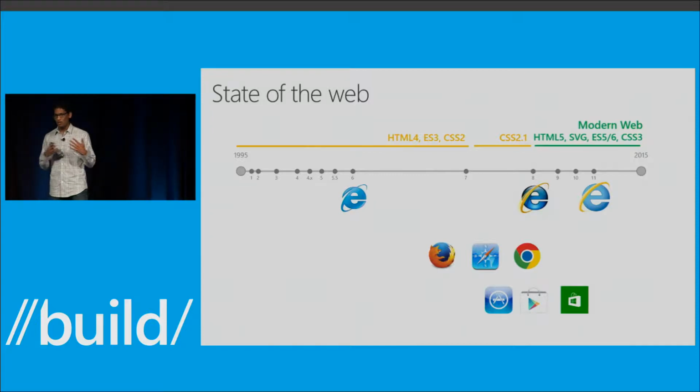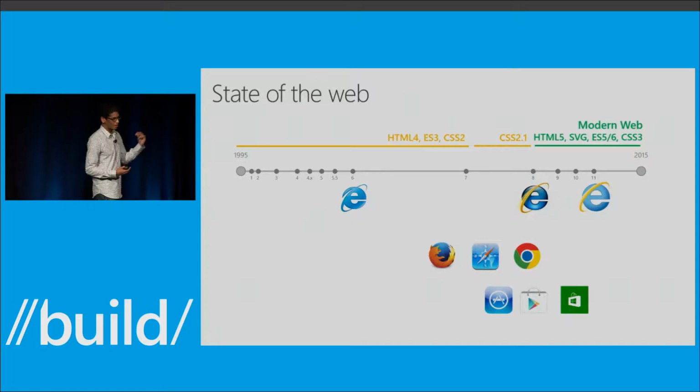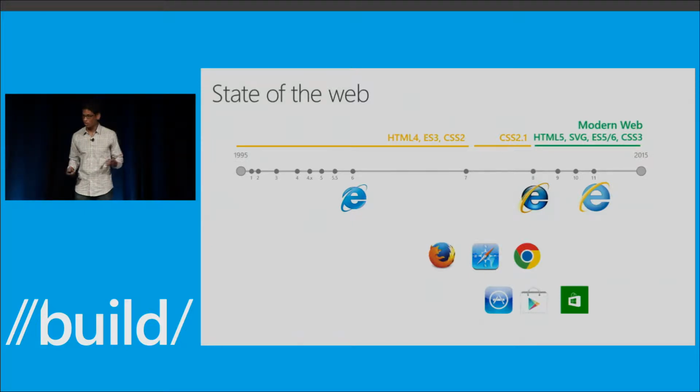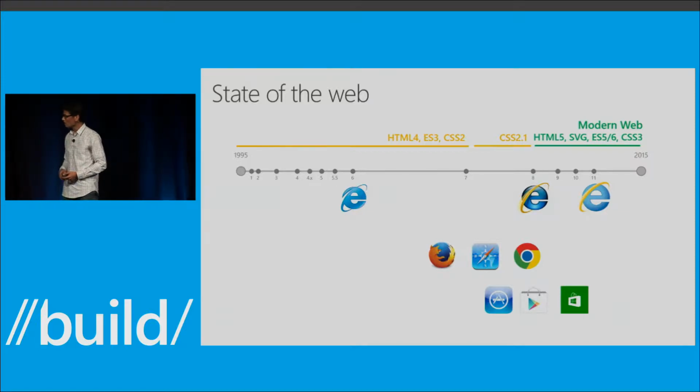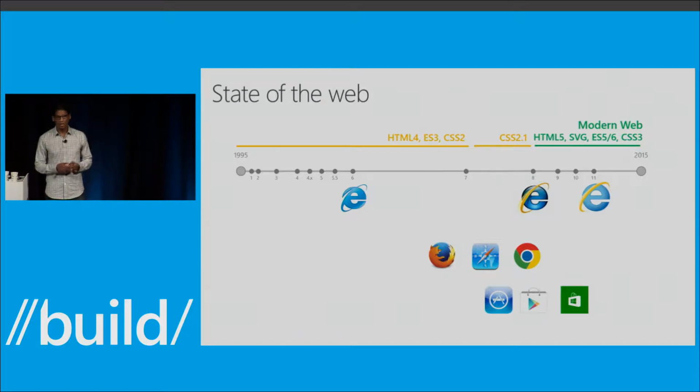And yet, I don't want to lose what's great about the web. I love being able to deploy and push out updates like that. I love the cross-platform nature of the web so that I don't have to rebuild things over and over again. And so this was the third thing that we heard and really caused us to rethink how we bring web apps into Windows 10.